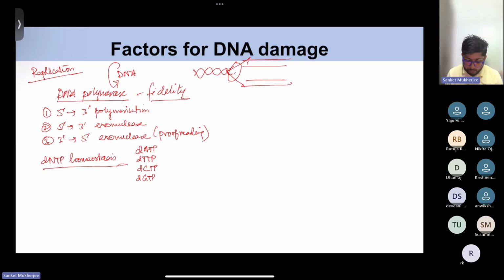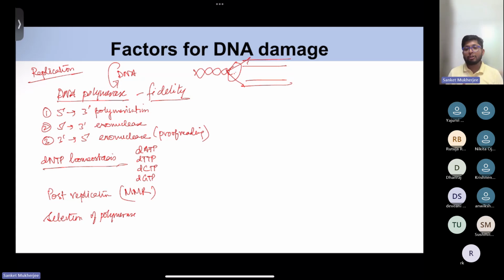Then there could be post-replication errors as well, which could happen due to the mismatch repair pathway. If this mismatch repair pathway doesn't function properly, that could cause some DNA damage. Then the selection of polymerase. As I already said, different polymerases have different fidelity and different proofreading abilities.